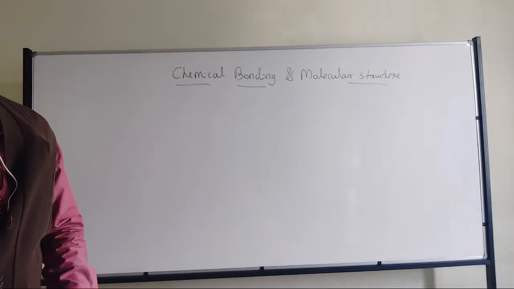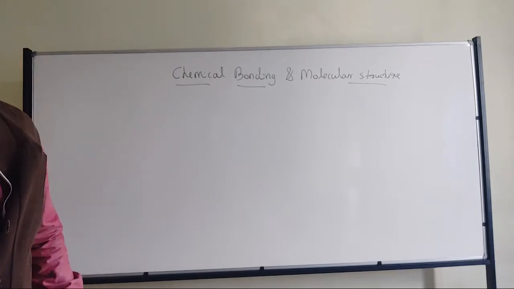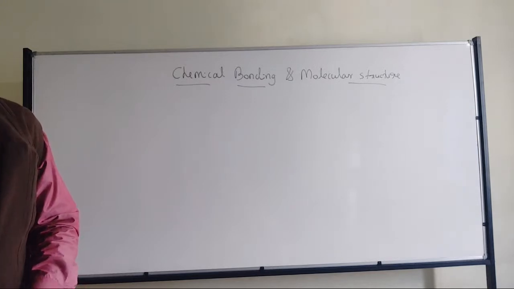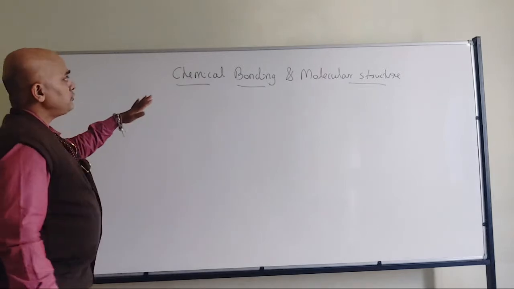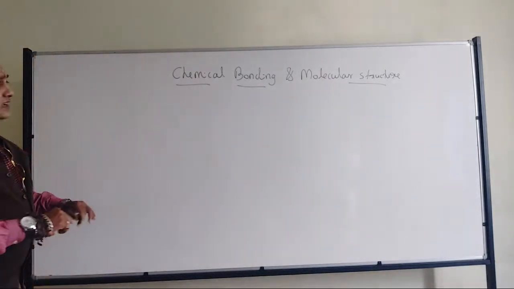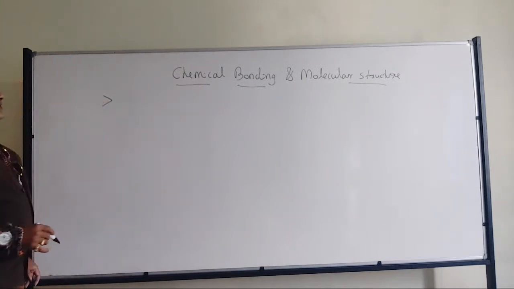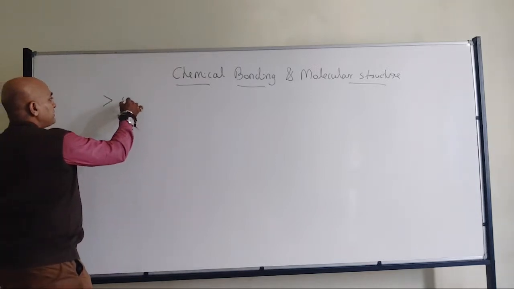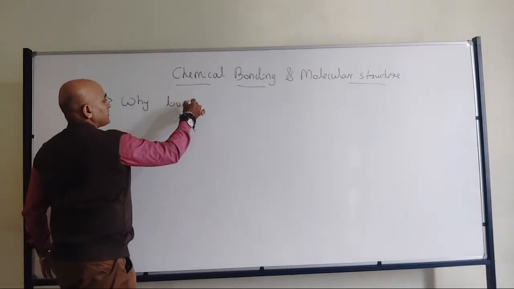Now we are entering into a new topic which is called chemical bonding and molecular structure. So today we are going to focus on what all we are going to discuss in this particular topic. First, we are going to discuss why bonding should be there.